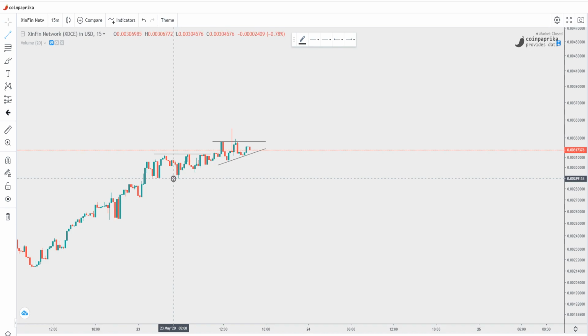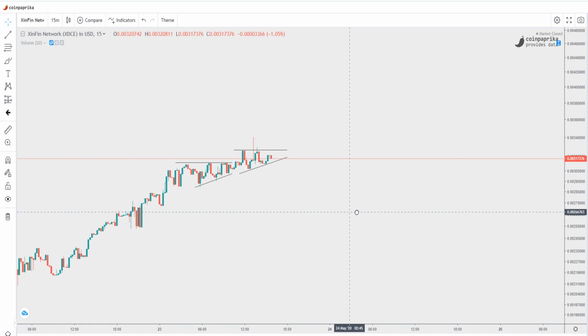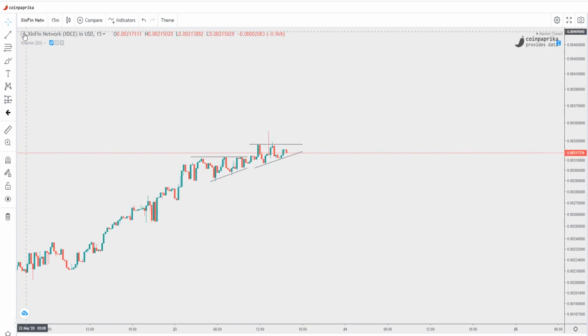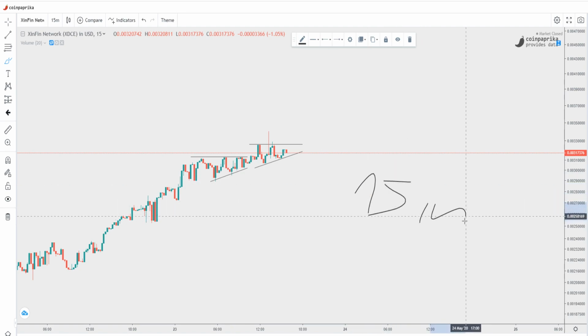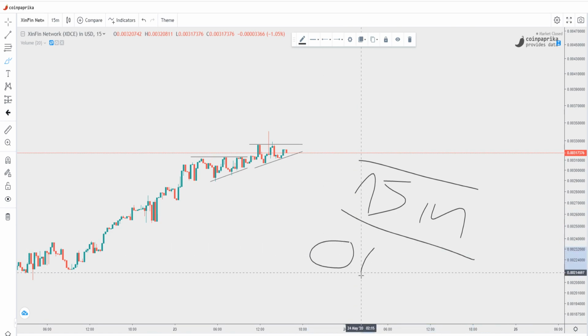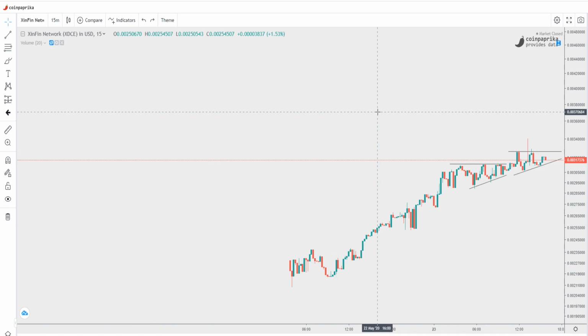When I say in my charts, in my analysis, or even in my posts on Twitter, when we have a pattern on the 15 minutes, we are talking about a 15 minutes outcome.